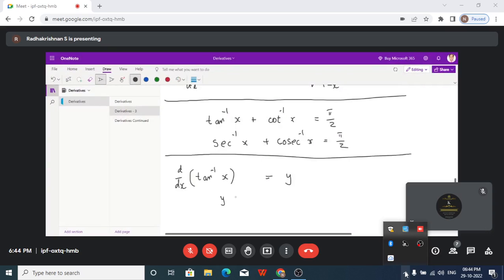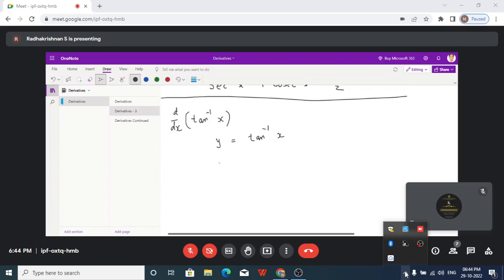So y equal to tan inverse x, so now we can write it as x equal to tan y.